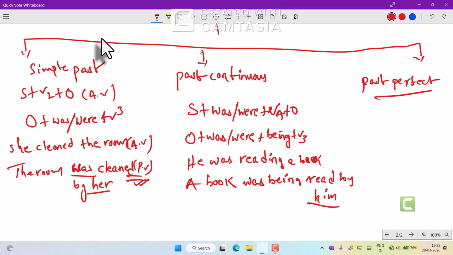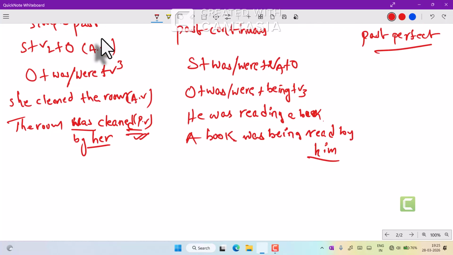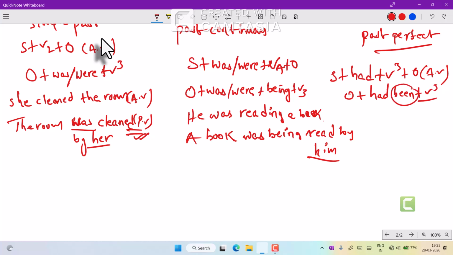Now, past perfect. In active voice: subject plus had plus V3 plus object. Now the passive voice: object plus had been plus V3. I told you when to use which. In past continuous we added was plus being; here, in past perfect, had plus been.